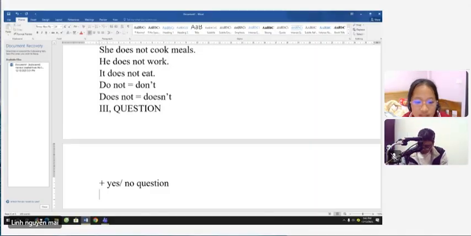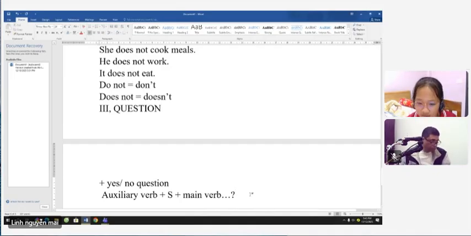Okay? So in a yes/no question, the form is the auxiliary verb, with the subject, and then the main verb, and then something and the question mark. This is really important, okay?